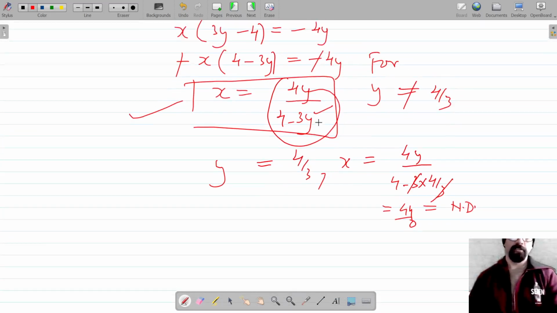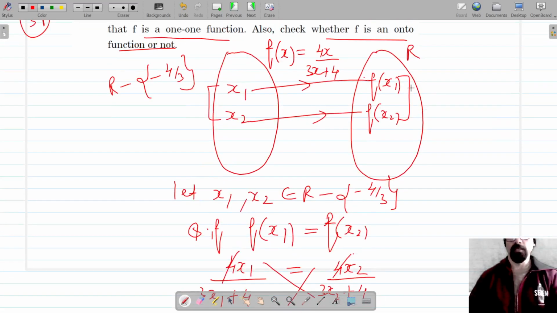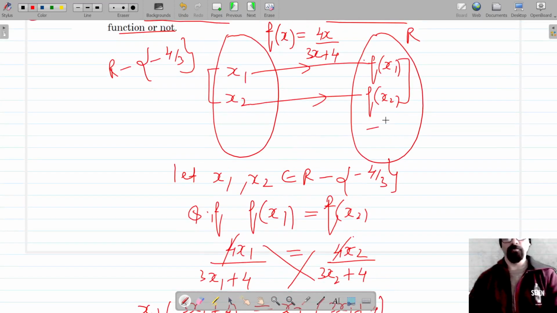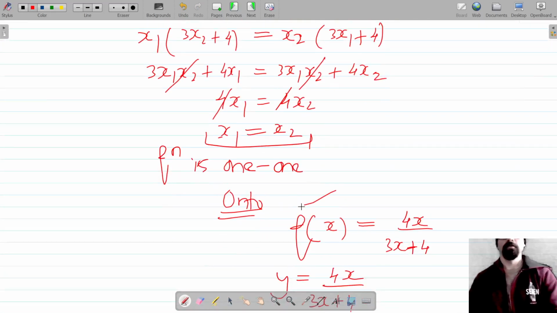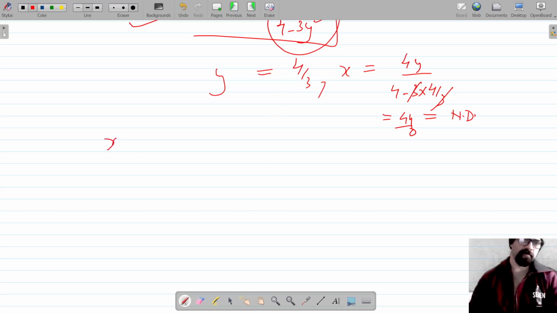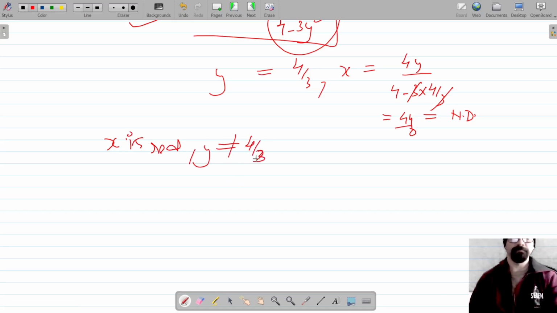So that means all real numbers except 4 by 3 have an x here; 4 by 3 will not have any x. So x is real only when y is not equal to 4 by 3.